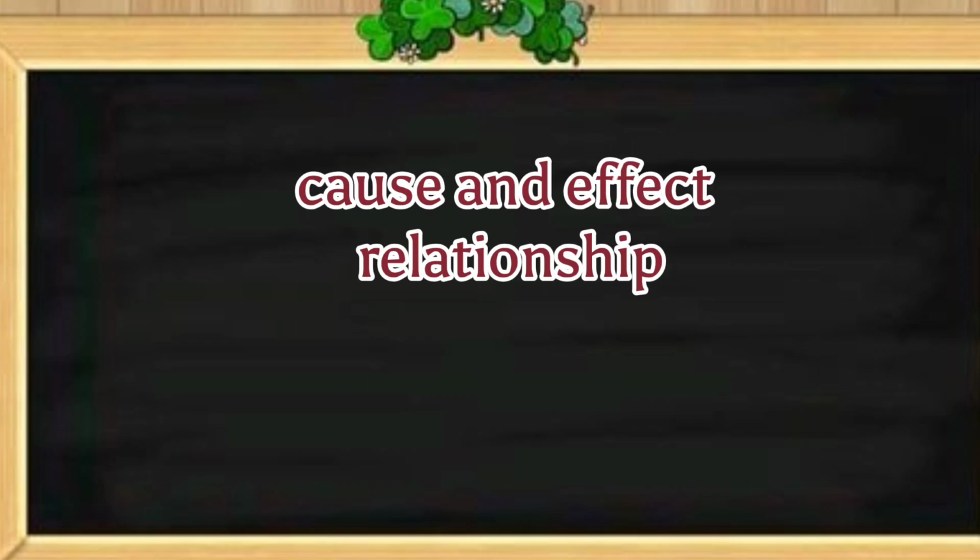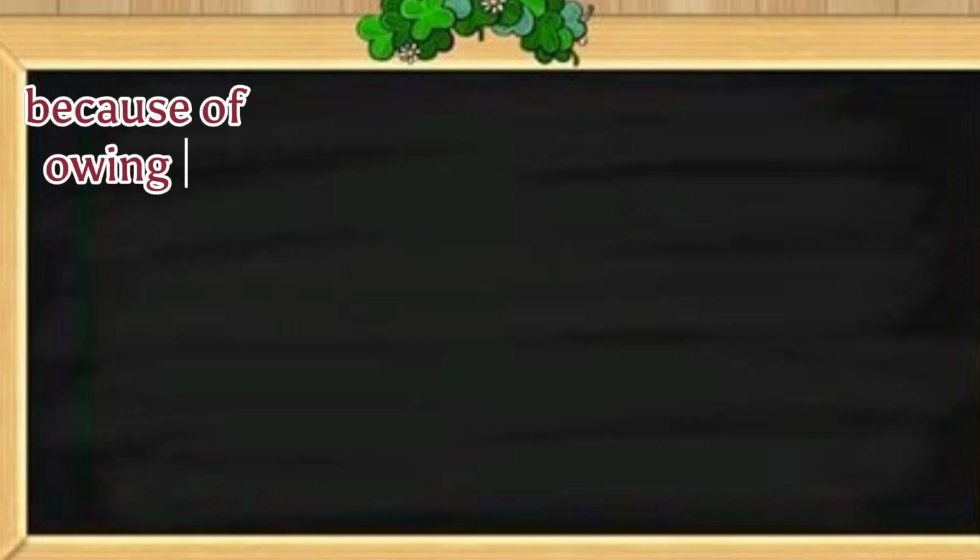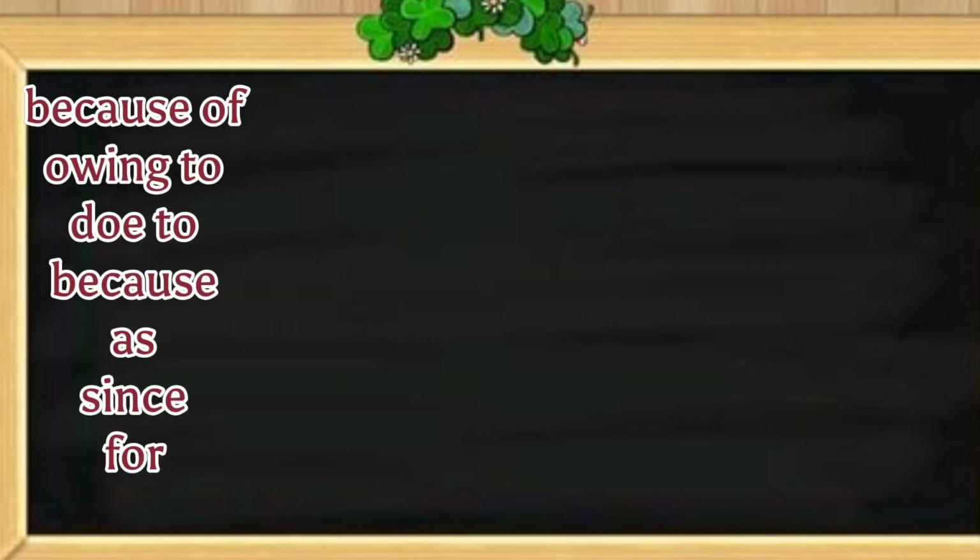In English, the conjunctions or sentence connectors used to make cause and effect are so many. But in this video, we will only focus on a few conjunctions which are commonly used every day. The first: because of, owing to, due to, because, as, since, and for. These words mean because.